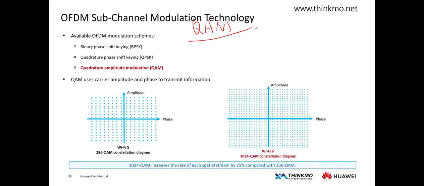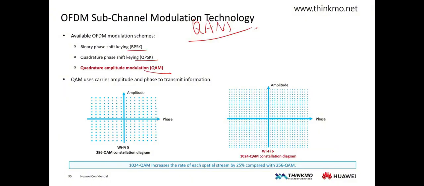Additionally, there is also BPSK, known as binary phase shift keying. It was one of the earlier methods we used, but it has a lower data rate. QPSK, known as quadrature phase shift keying, was used in early protocols and is now rarely used.